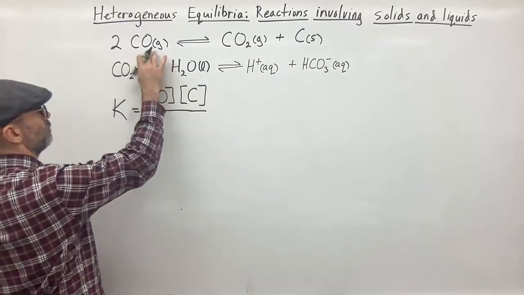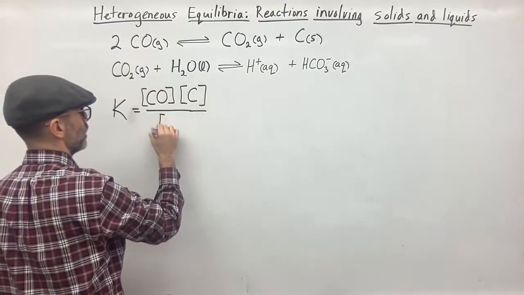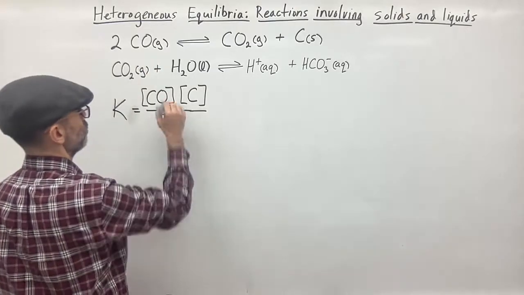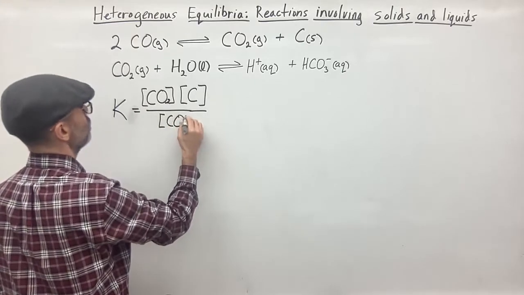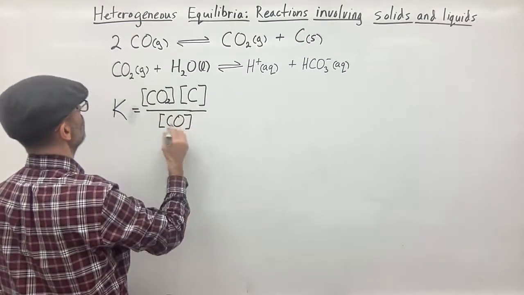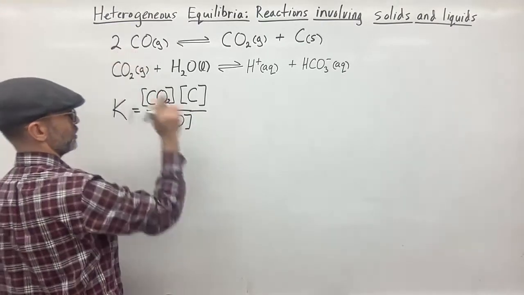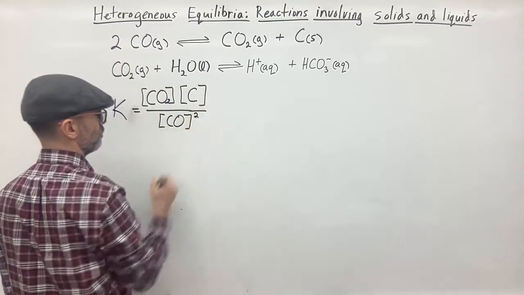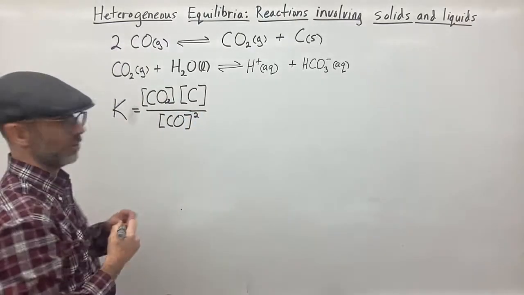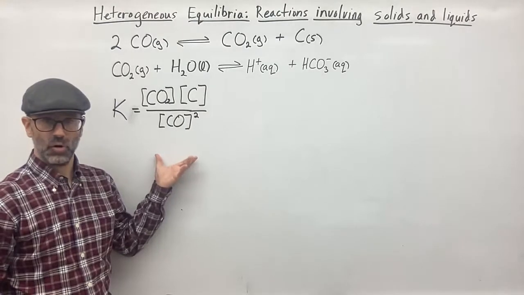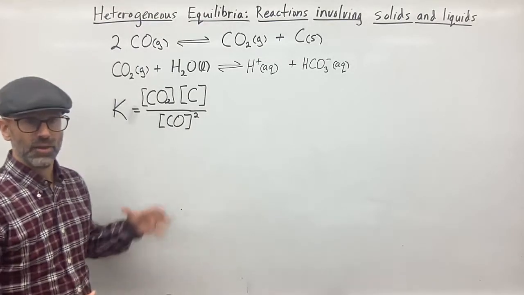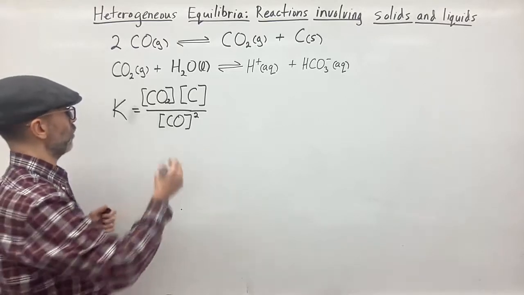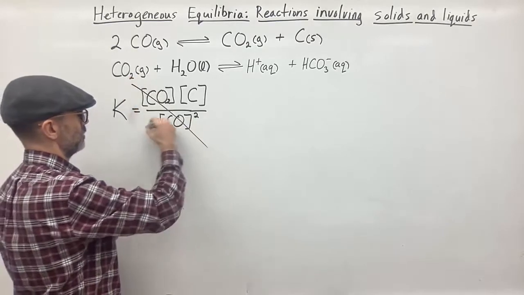And then we would have CO2 on the bottom, so the concentration of CO2, and we have a coefficient 2, so that's going to be raised to the power of 2. And this is what you would write as your equilibrium expression. However, this would actually be wrong. So this would not be right.